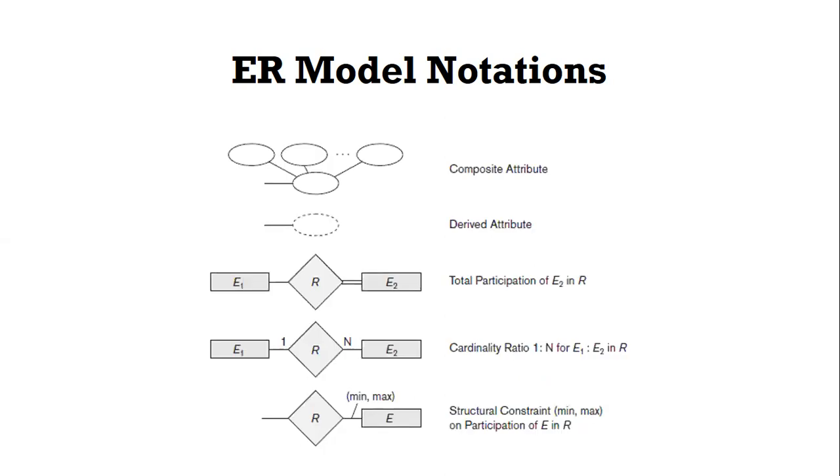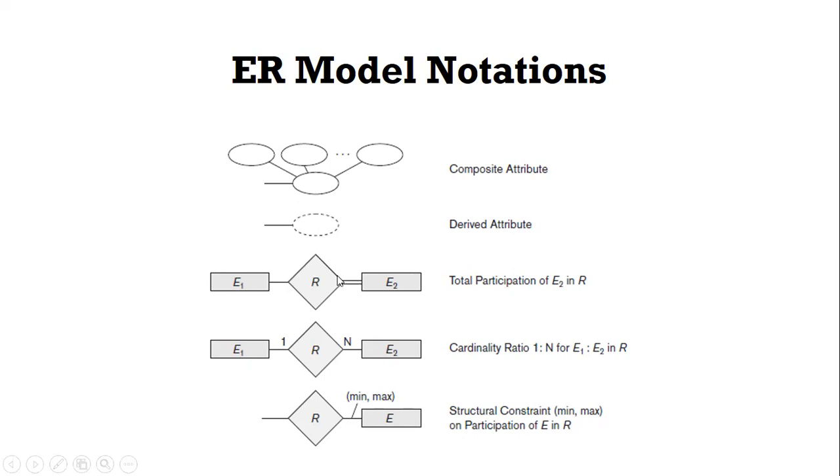A composite attribute means 2 or 3 ovals will be interconnected. A derived attribute means a dotted line oval. In order to mention the participation of an entity in a relationship, we will use this particular shape, a diamond which is connected with entities E1 and E2, and E2 will have a double line.